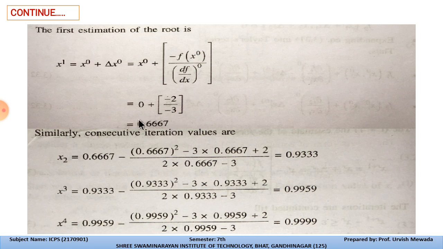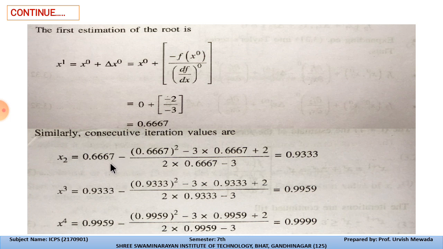So this is the value of x raised to 1. Similarly, consecutive iteration values can be determined from the previous equation. Now for x2 we take the value of the previous equation, that is 0.6667. So this is the value of x1.